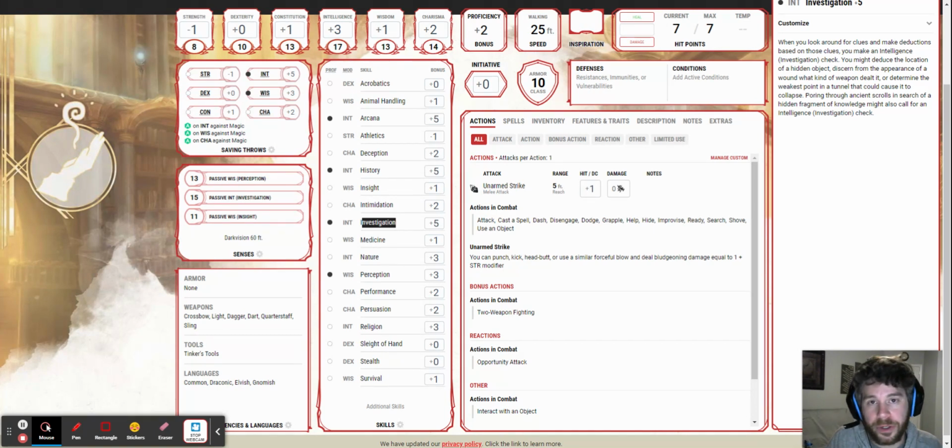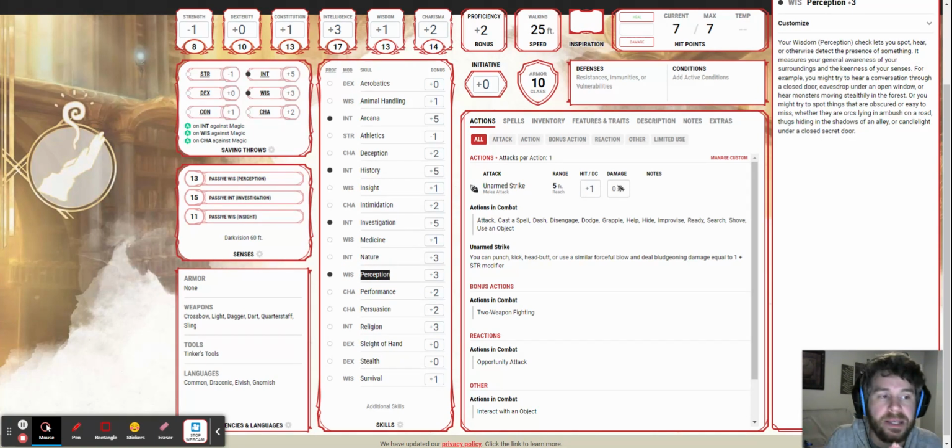If you're playing the wizard, you might be the only highly intelligent character on the team, so having good investigation is a good one. Like I said, wisdom, perception is another really, really good one. It's just so common. If you play Dungeons & Dragons, one of the most common rolls that your DM is going to ask for is perception, right?